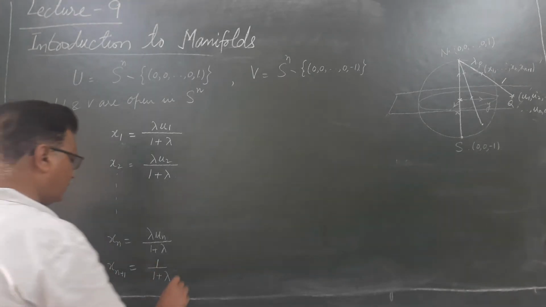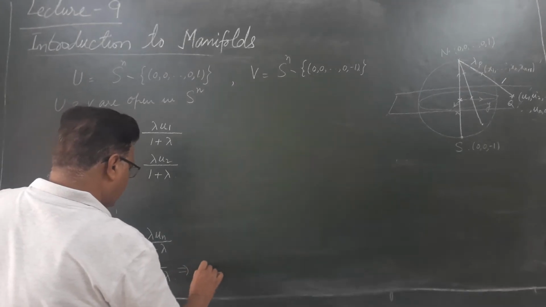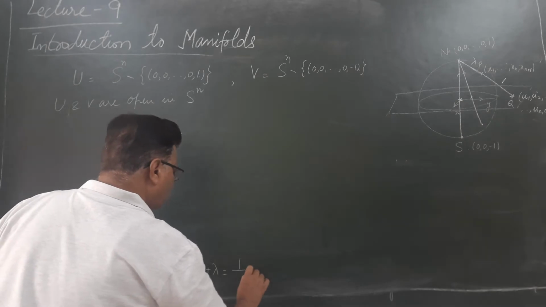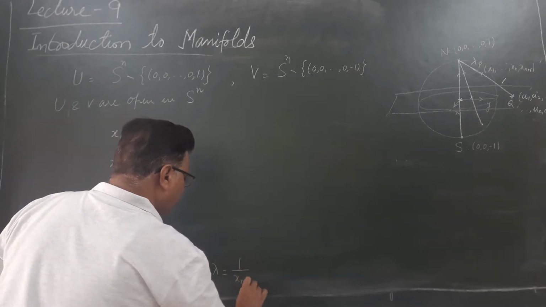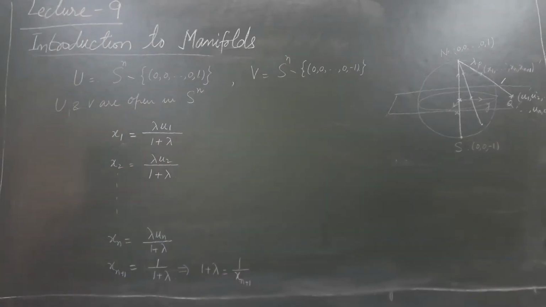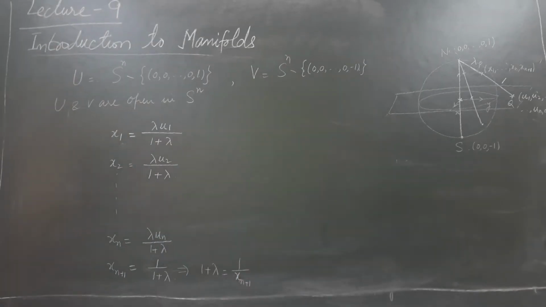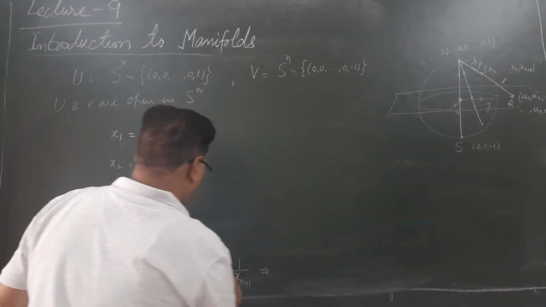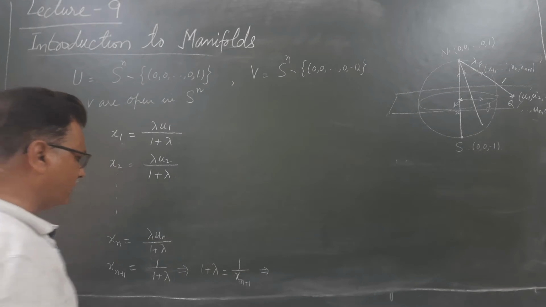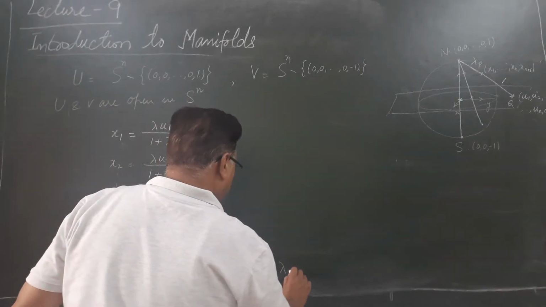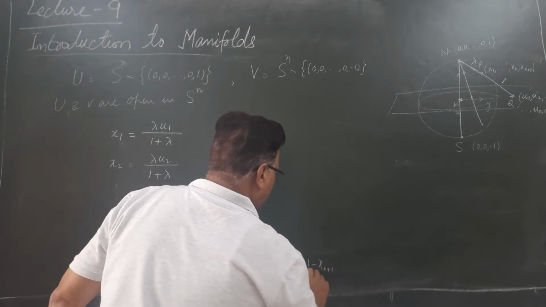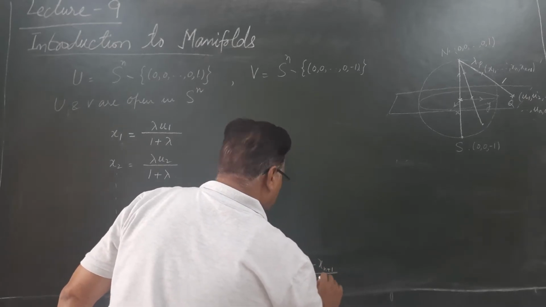And from here I can see that 1 plus lambda is equal to 1 upon xn plus 1. Okay, now I have to determine lambda also. So from here lambda will be how much? Just subtract 1 from both sides. So lambda will be equal to 1 minus xn plus 1 upon xn plus 1.